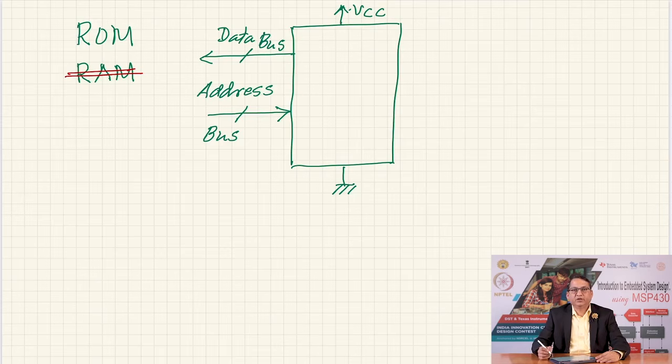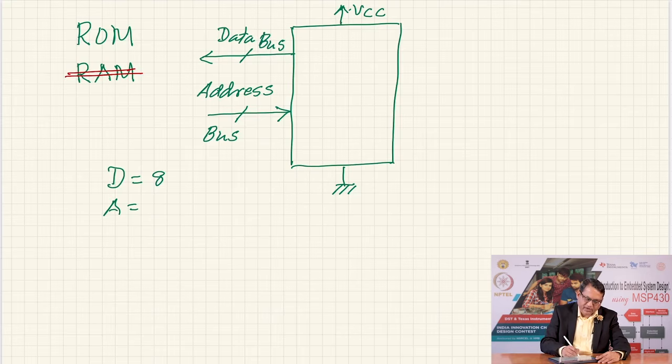The number of bits on the address bus would indicate what is the capacity of this ROM device, meaning how many locations there are. The number of bits on the data bus will indicate that for each location how many bits are simultaneously being stored. As an example, I could have data bus D equal to 8 and A equal to say 12.